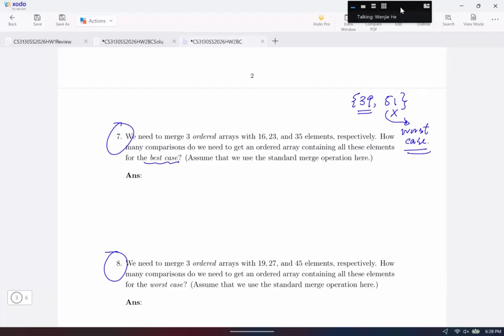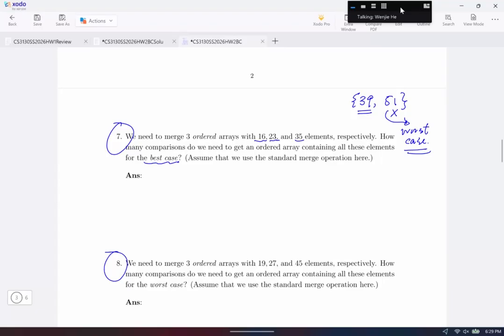So that's one. Then there is another way, because here there are 3 ordered arrays. When you do the merge, you have several ways to do the merge, right?